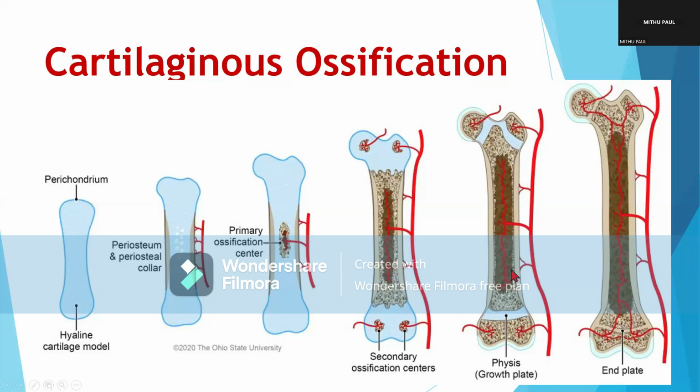So also the outer lining of the bone marrow is covered by the spongy bone, where the periosteal collar of the bone forms the compact bone with the architecture of the Haversian system. So this is the adult configuration of the bone. And in the process, additional centers do appear to contribute to the bone configuration.